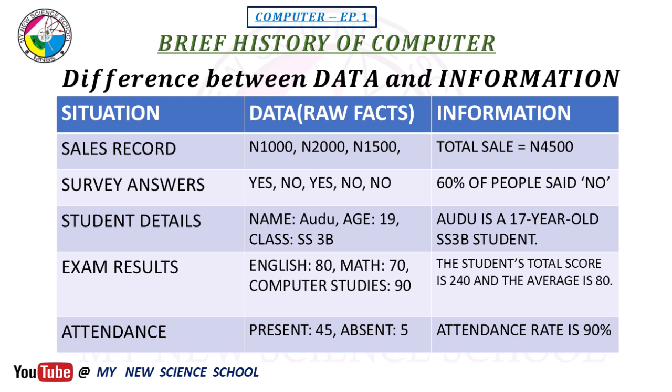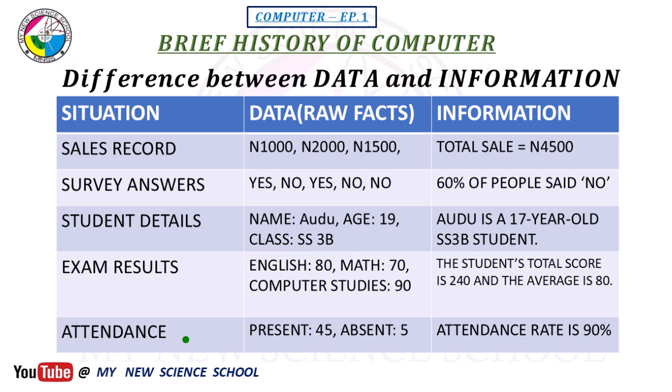Using a calculator, just add 80, 70 and 90, you'll get 240. For the average, since these are three different subjects, you have 80 plus 70 plus 90, then divide by the number of subjects. The number of subjects is 3: English, Maths, then this. So the average will be 80.